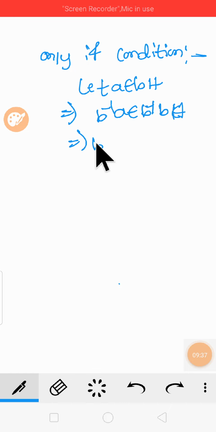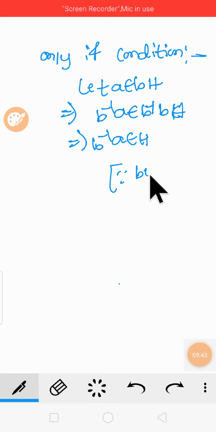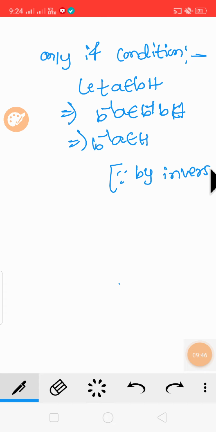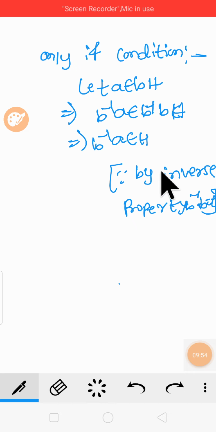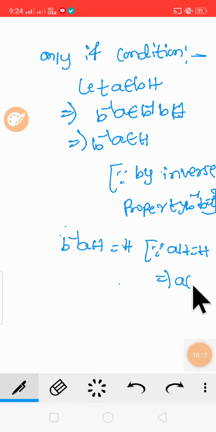Here b inverse a belongs to H, since by inverse property b inverse times b equals e. With respect to multiplication, e is 1, so we write 1 also. Here we have the condition b inverse a belongs to H. Next we write b inverse aH = H, since aH = H implies a belongs to H.